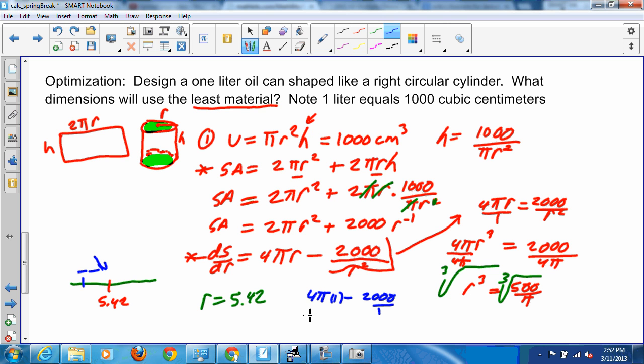So plugging that in, we get 4 times pi times 10 minus 2000 over 10 squared, over 100. That reduces to 20. So you have 4 times 10, we have 40 pi, which is about 120, 130 something.